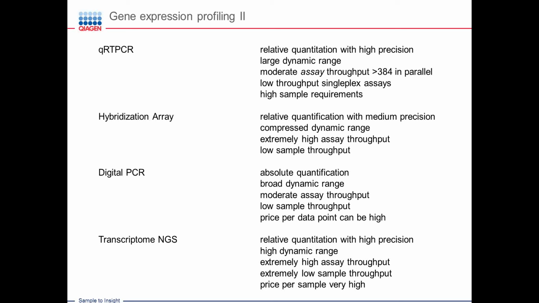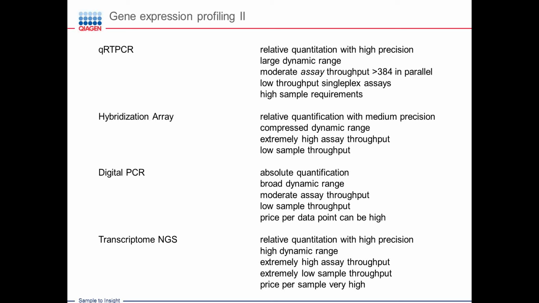Hybridization arrays, which are now typically oligos that are affixed to glass slides, give you, again, relative quantification like PCR with fairly good precision. The dynamic range is a little more compressed than PCR, but you have extremely high assay throughput. So you can do, for example, the whole transcriptome in one experiment, but the experiments are relatively low in sample throughput.